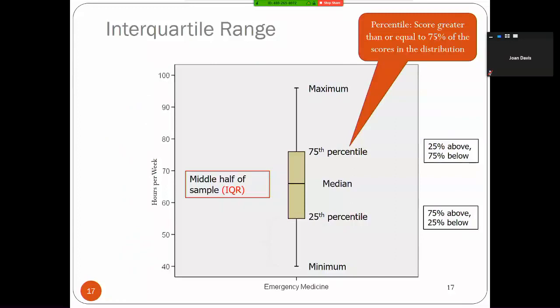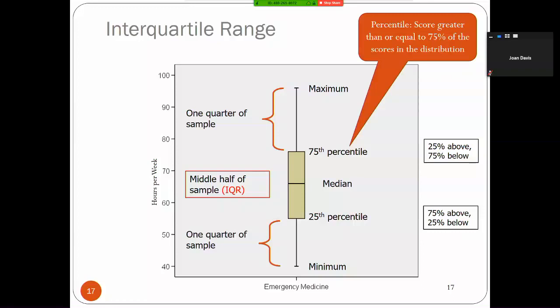The interquartile range is simply the middle half of the sample, the middle half of the distribution. So it's the data between the 25th percentile and the 75th percentile, which means we have 1/4 of the distribution above the 75th percentile and 1/4 below the 25th percentile.